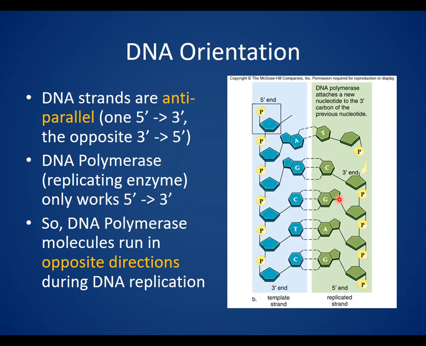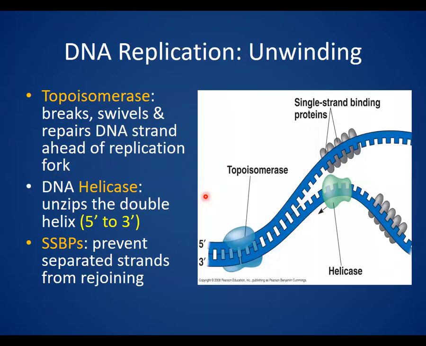So DNA replication, how DNA is replicated, can be broken up into a few different phases. The first phase is what's called unwinding. DNA is very tightly packed up in the nucleus.